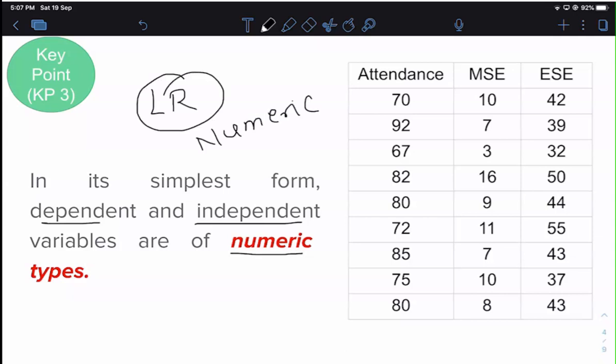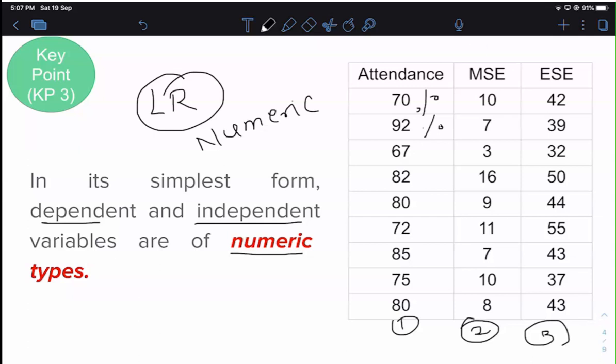In our running example, the attendance, mid-semester examination and end semester examination are all numeric quantities. Here the attendance means, for example, 70% attendance. When the attendance is 92, it means that the student has attended 92% of the lectures.